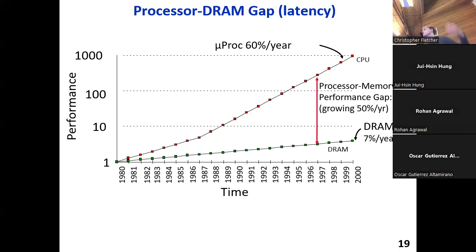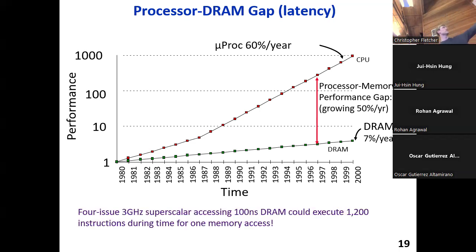You can see that CPUs were accelerating in terms of their performance at a rate of 52% to 60% per year, whereas DRAM is scaling in terms of access latency much slower. And so not only do we have a very large gap just based on what it takes to pull data out of a DRAM cell, but this gap is getting wider and wider.